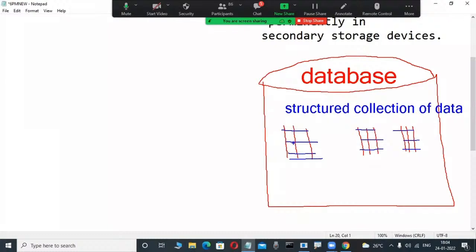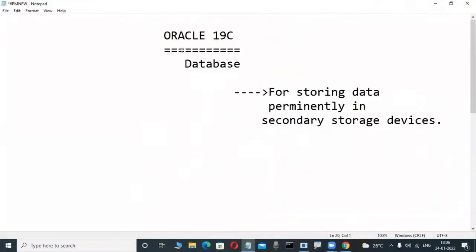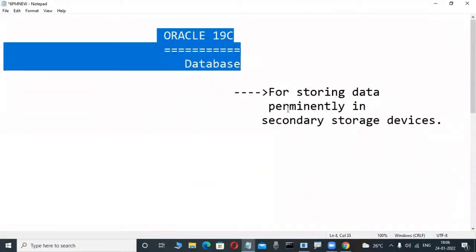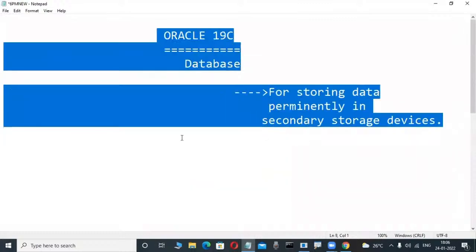Once a structured collection of data is there, for handling and operating this data, which language do we use? Very good. SQL, Structured Query Language. That's why these types of databases are implemented based on the relational data model. What is that? Today I will tell you.